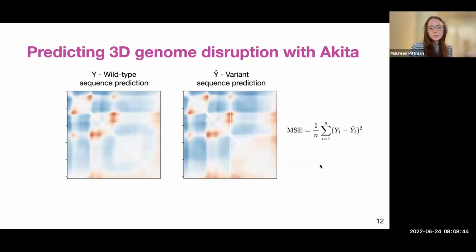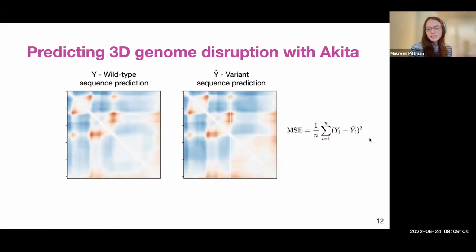And so just briefly, to establish how we measure this disruption, we use that term as a shorthand for how different the Hi-C map looks as a result of the in silico variant that we've introduced.